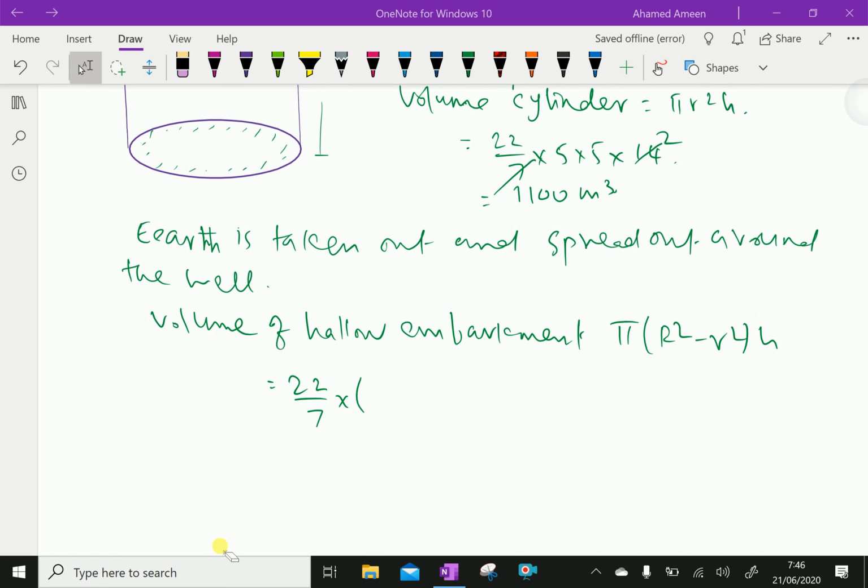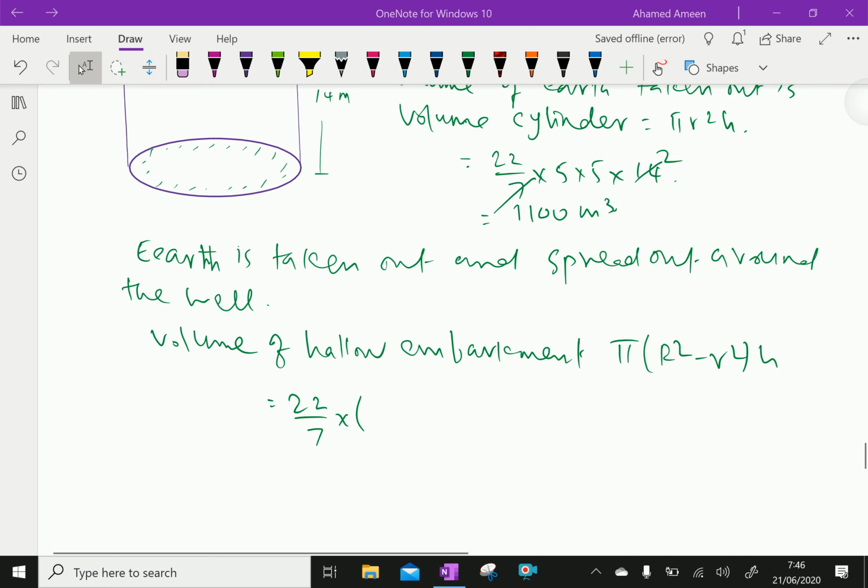Outer radius is 10 because the embankment is another 5 meter. Therefore it gives 10 squared minus 5 squared into the height we need, how much it rises, which is equal to the volume of the earth.